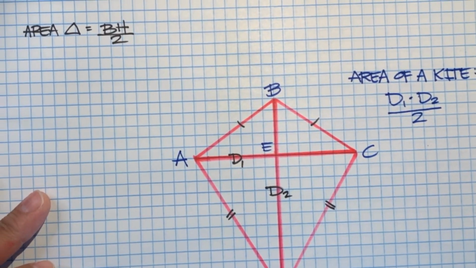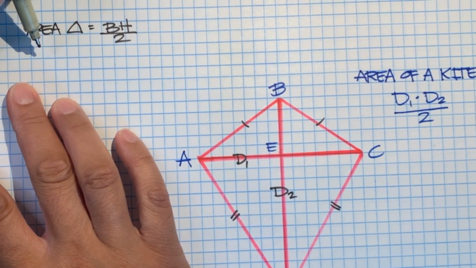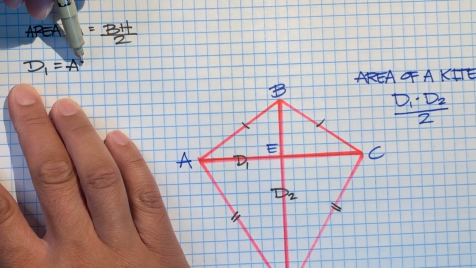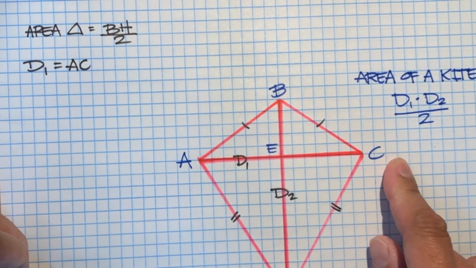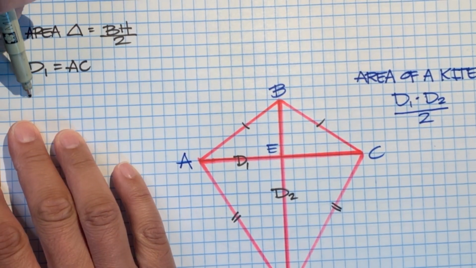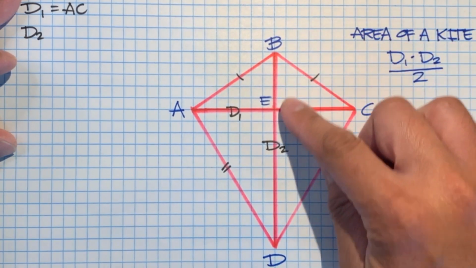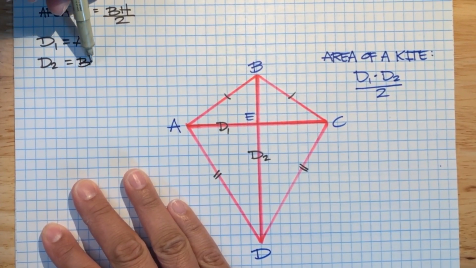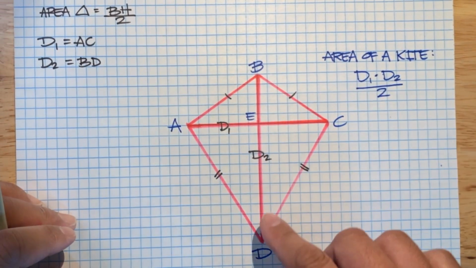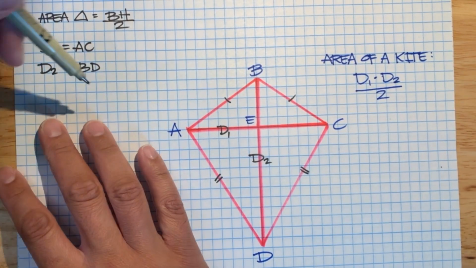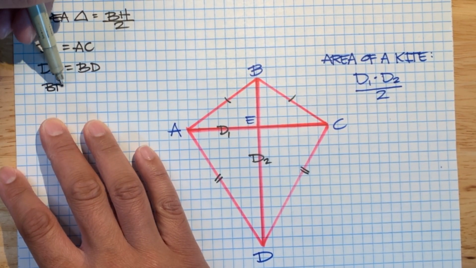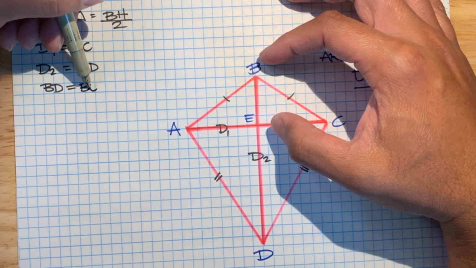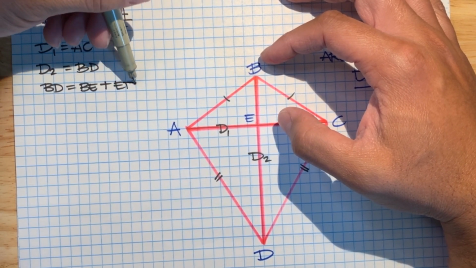And just so that we remember those parts, we're going to write it over here. I'm going to call diagonal 1, and diagonal 1 is going to represent A all the way to C, the length from A all the way to C. And diagonal 2 right here is B all the way to D, the measurement from B all the way to D. And just as a little side note, BD is also BE and ED together.